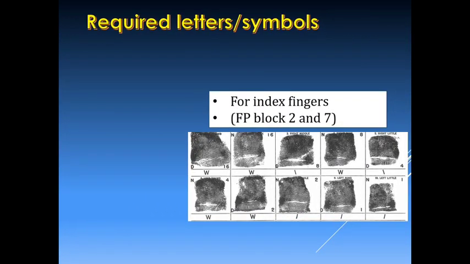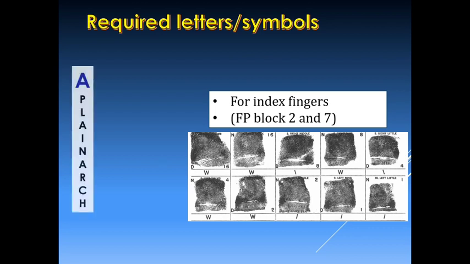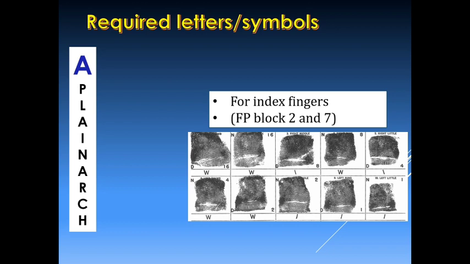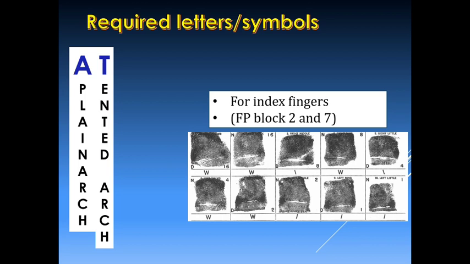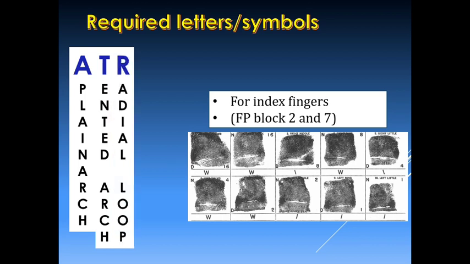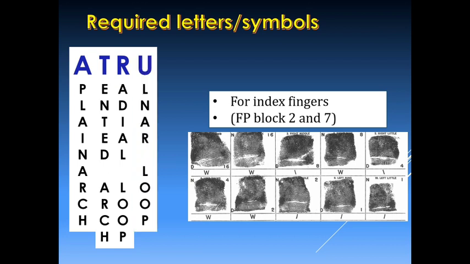For the index fingers, or the right index and left index finger, known as fingerprint block 2 and fingerprint block 7: if it is a plain arch, use the letter A. If it is a tented arch, use letter T. Letter R for the radial loop, letter U for the ulnar loop, and W for all whorl patterns.